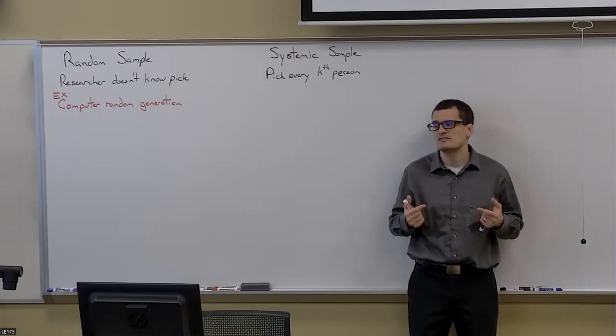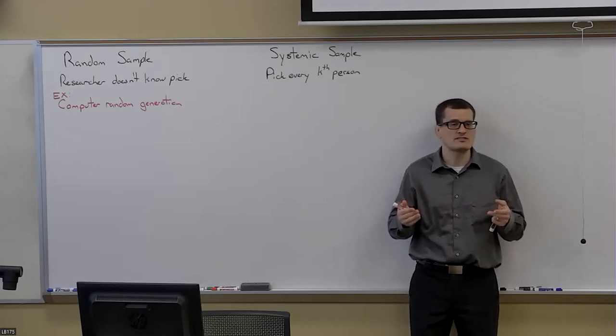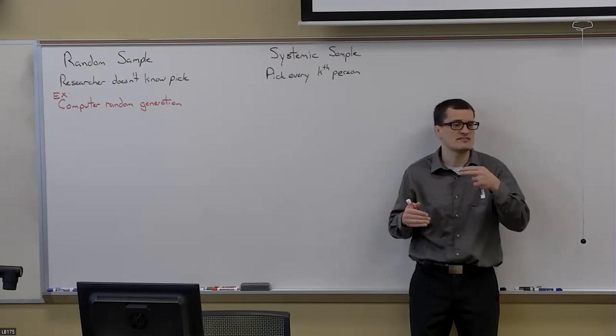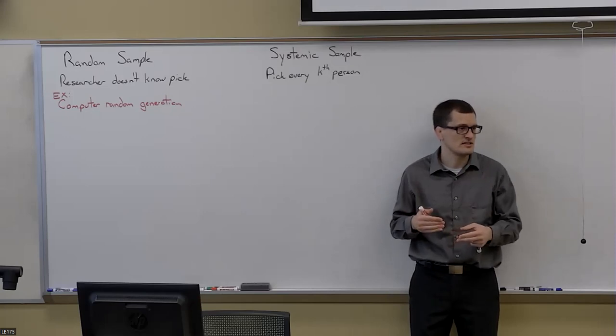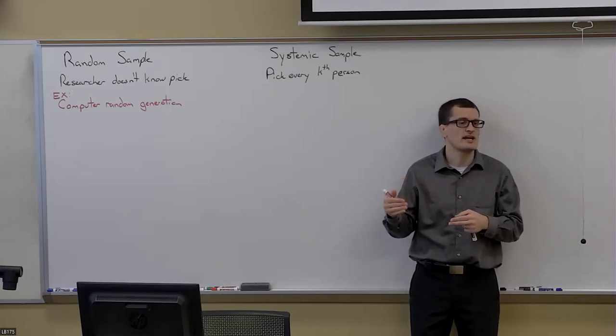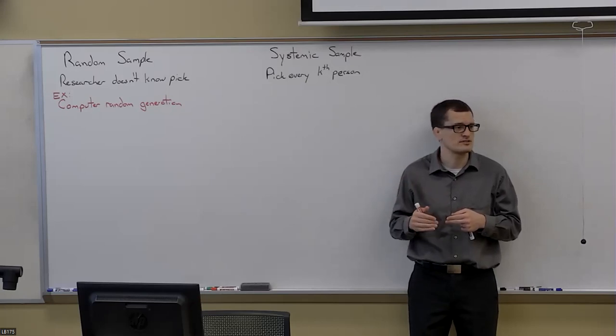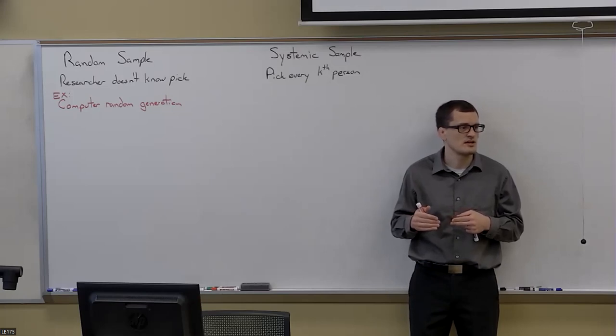Now, if I want a systemic sample, I would ask the first person, and then I would wait 9 people, and then ask the 10th person. And then wait another 9 people and ask the 20th person. Wait another 9 people and ask the 30th person. Does that make sense?